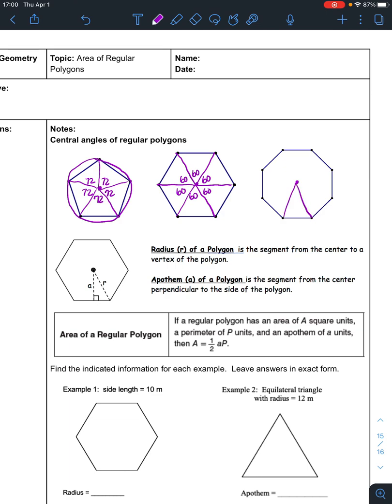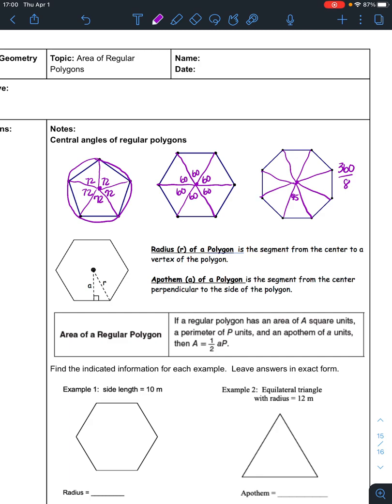And then we have this octagon. So one central angle would be 360 divided by 8, so that would be 45. So each of these is 45 all the way around.